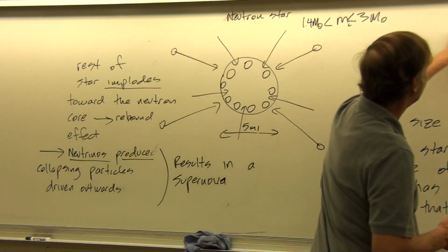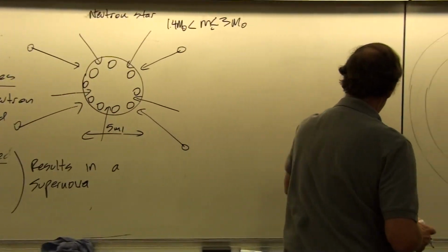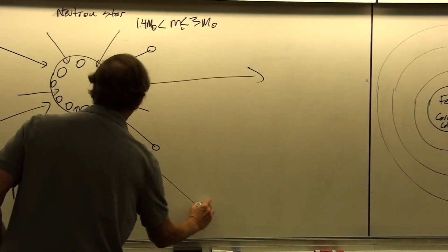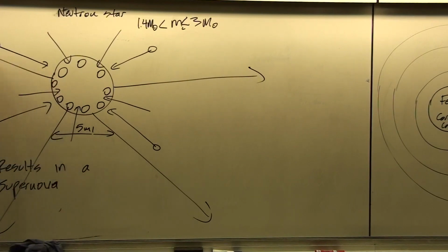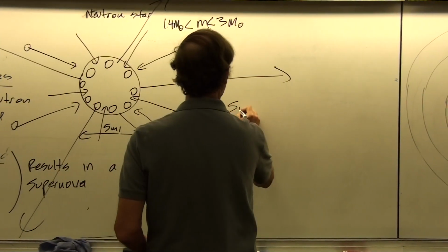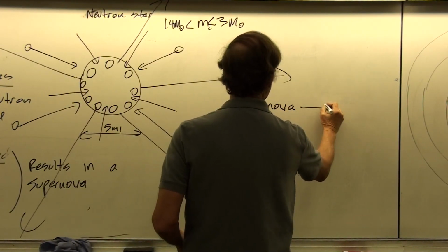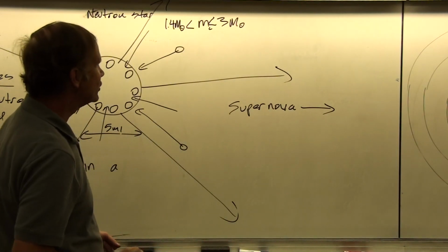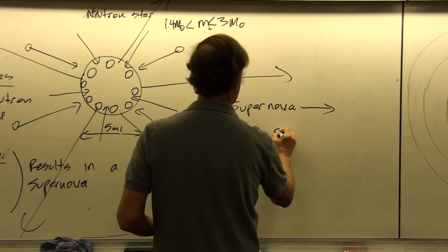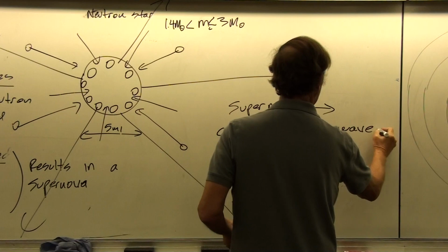But maybe just enough, because when these stars blow up, they produce the heavy elements that make life possible on the Earth. Okay, and so the supernova, as we mentioned before in a previous lecture, creates a shock wave. What does that shock wave do?